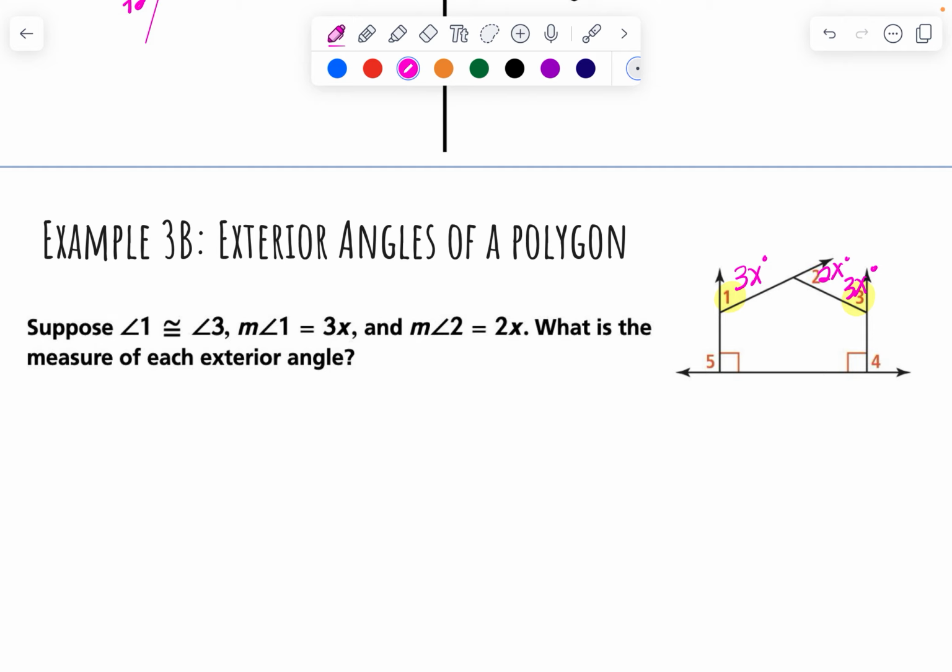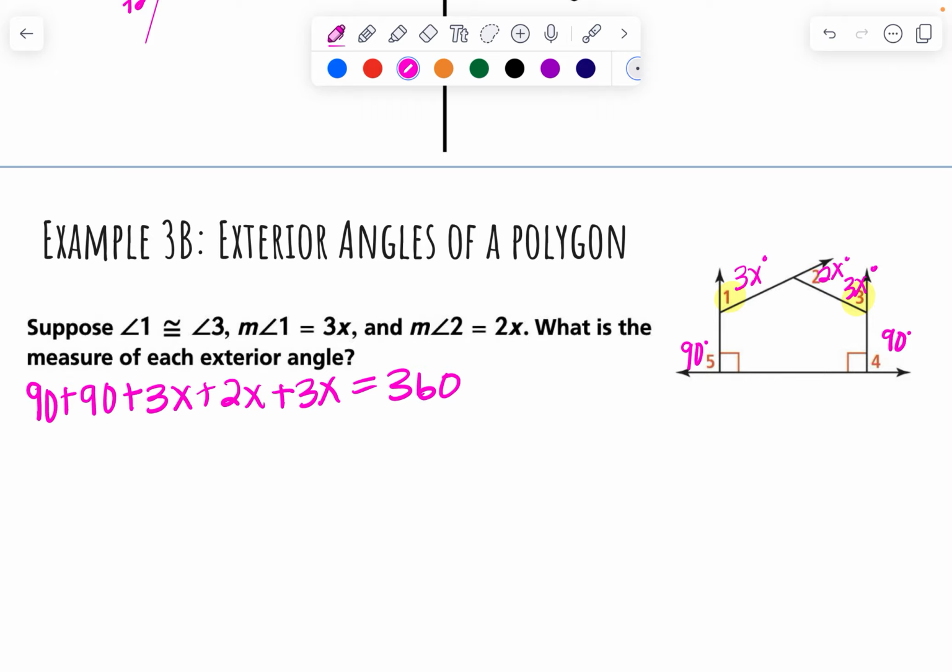So I know all of them together have to be equal to 360 degrees. So I'm going to say 90 plus 90 plus 3x plus 2x plus 3x, so those are all 5 angles, is going to be equal to 360.